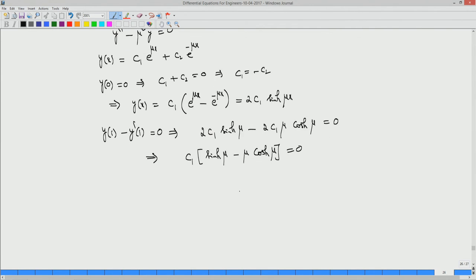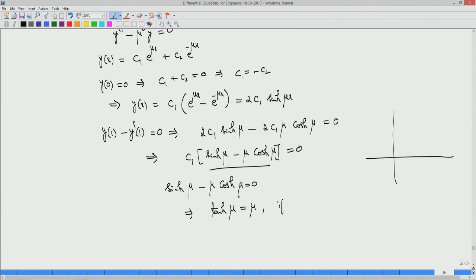I just have to check whether for some positive mu values this quantity is 0. So, again you do the same thing. To check sine hyperbolic mu minus mu cos hyperbolic mu equal to 0, you can write tan hyperbolic mu equal to mu, dividing by cos hyperbolic mu, which will never be 0 for any positive mu value. Since it is non-zero, you can always divide.